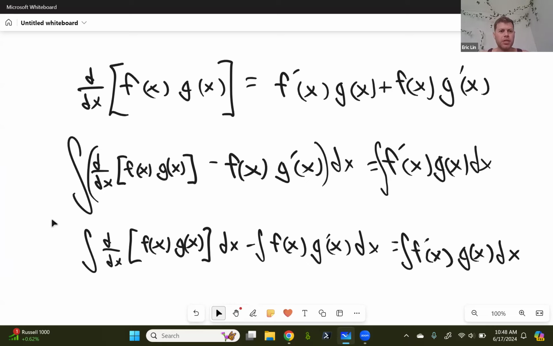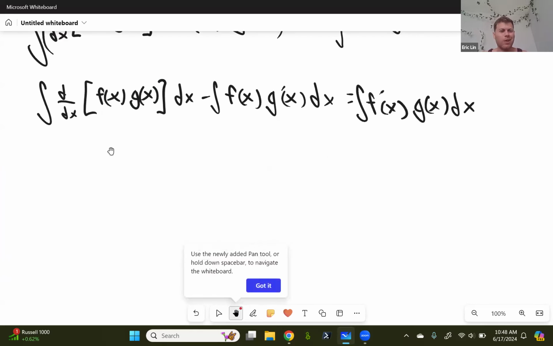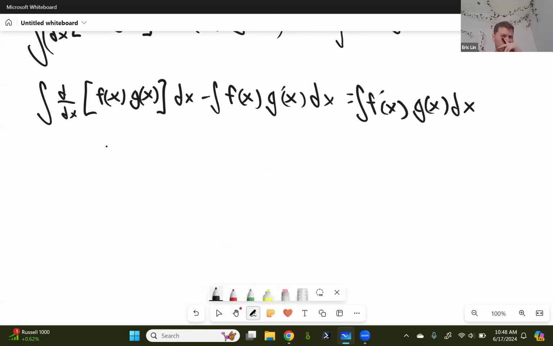This is essentially the integration by parts rule. Once again, this is why it's not a formal derivation. I'm just going to hand wave this, where I have a derivative with respect to x, and then I'm integrating with respect to x.